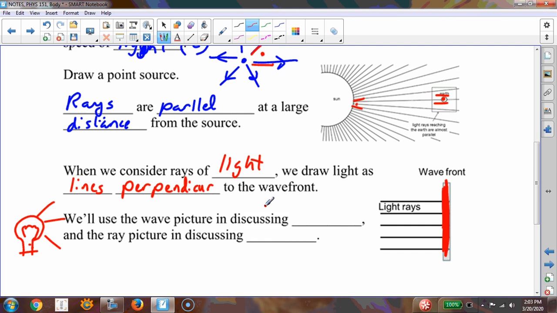This is important because we'll use this wave picture in discussing refraction, which is the bending of light, and you'll know what I'm talking about when we get there. And then we're going to use the ray picture of light, the ray analogy, in discussing reflection. And we'll see both of those as we get into geometric optics, which we'll do next.